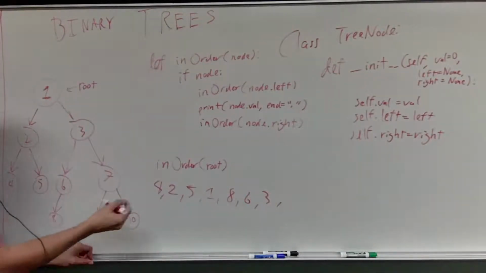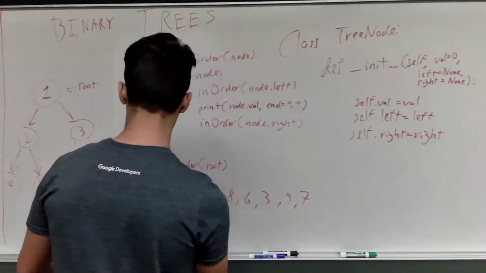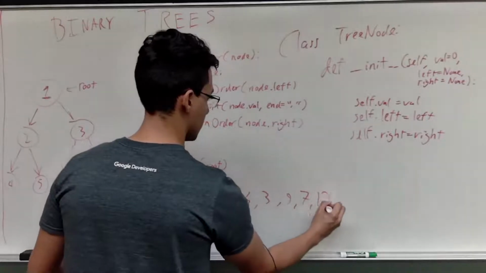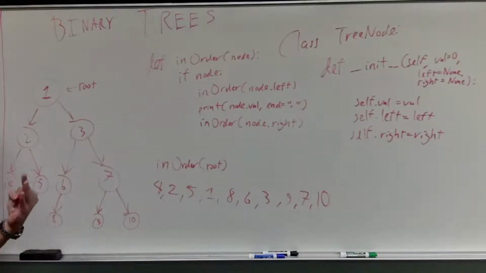You have to go all the way left. Then 7. Then 10. Okay. That was the in order way of traversing. So 3 different orderings, but they give you vastly different results, right?